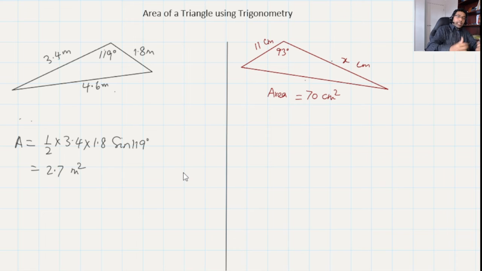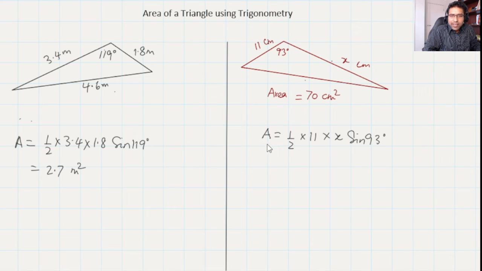Now look at the second example, and here you can see that we have the area given, but we have one side and one angle given, and the other side is not given. But luckily we have the side that is next to the angle. So we know the area formula, which is A equals half of 11 times x, because x is unknown, times sine of 93 degrees.